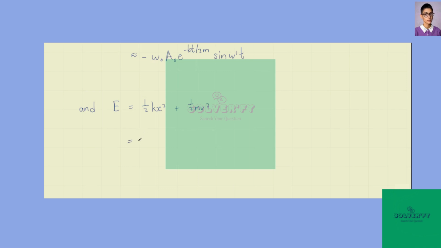And so this can be written as a half k a naught squared e to the minus bt over m cosine squared omega prime t plus a half m omega naught squared a naught squared e to the minus bt over m times sine squared of omega prime times t.